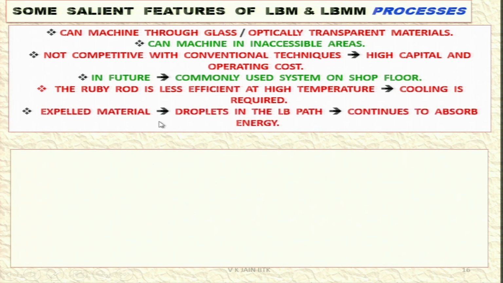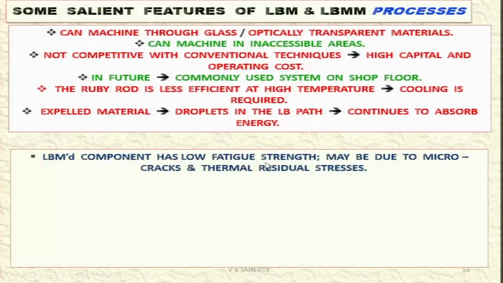Expelled material, that is droplets in the laser beam path, continue to absorb the energy from the laser beam. A laser beam machined component has low fatigue strength. It may be due to micro cracks and thermal residual stresses.